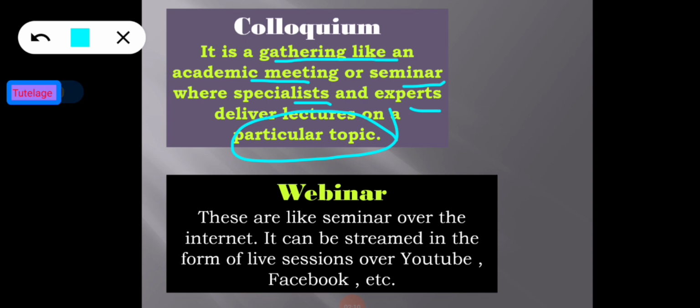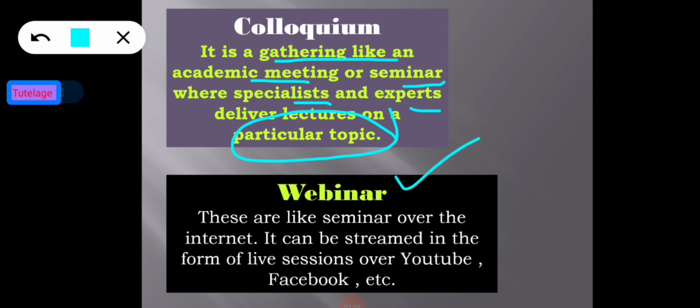We have already told what a symposium is. A symposium is basically a kind of conference, and a colloquium is basically a kind of seminar. That is the difference between symposium and colloquium. I think this is clear.